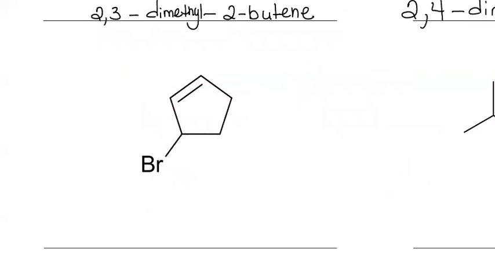So my parent chain is a cyclopentene. To make sure that my substituent gets the lowest number, after I number as 1 and 2 my carbon-carbon double bond, I'm going to go 1, 2, 3, 4, 5.